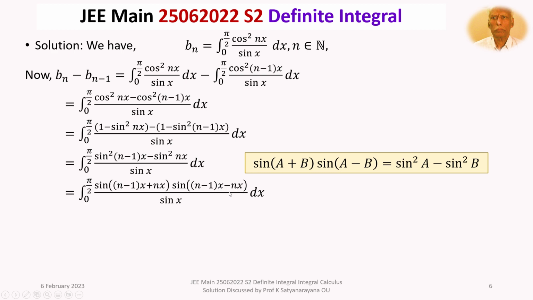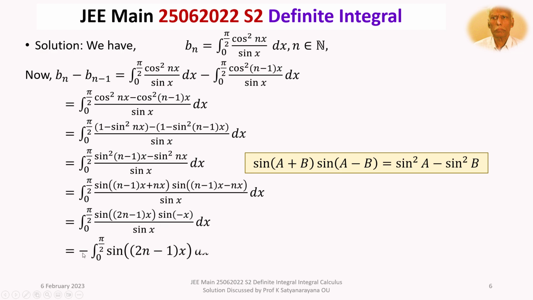So we have sin of 2n minus 1 times x, and sin of minus x. So the integral 0 to pi by 2 of sin of 2n minus 1 times x, sin of minus x by sin x dx. Sin of minus x is minus sin x, keep a minus here, sin x cancels. So that will be equal to minus the integral 0 to pi by 2 of sin of 2n minus 1 times x dx.